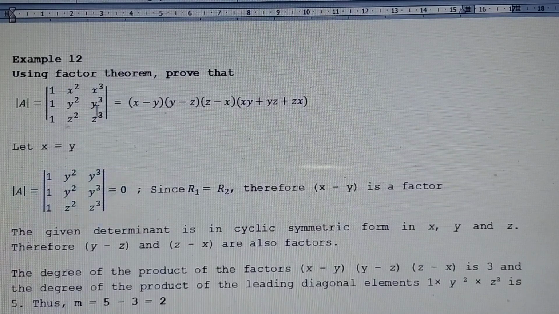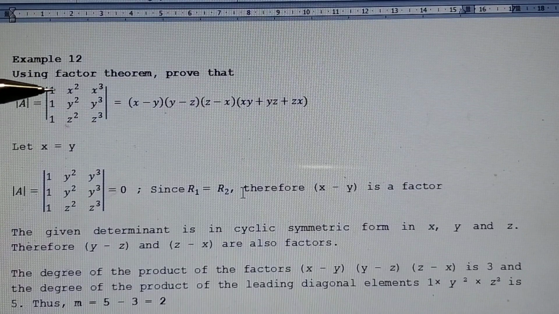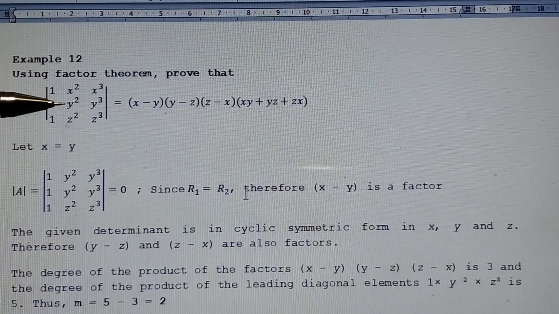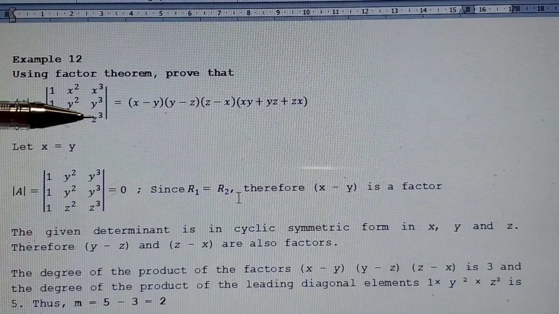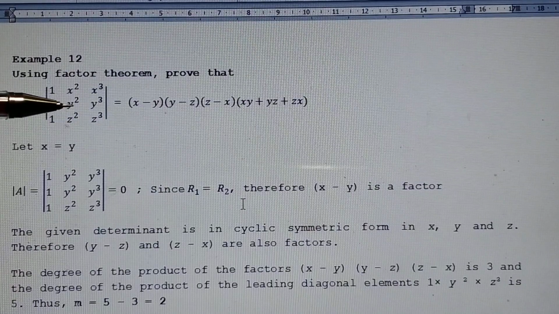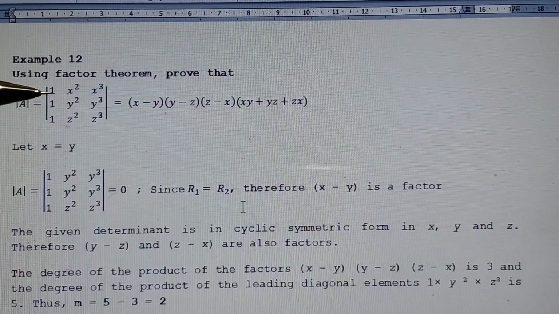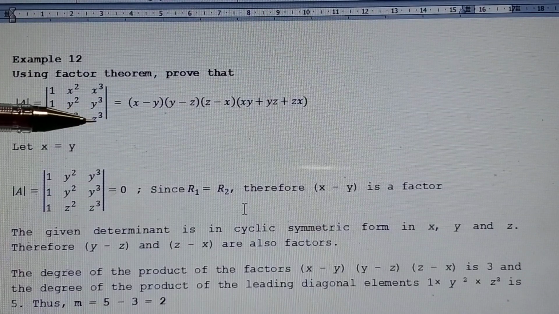Then, proceed tayo dito ulit sa degree nito. So, itong diagonal, yung principal diagonal, z multiply by y is z cube multiply by y square multiply by 1. So, ang kalalabasan niyan ay y squared, z squared.